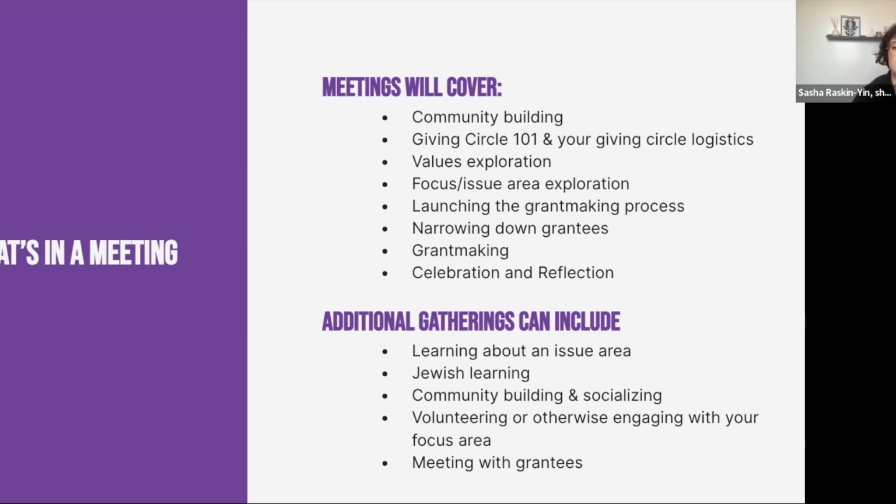We recommend building community time into every single meeting and never forgetting to celebrate and reflect at the end of your giving circle process. While these are the required components of a giving circle, you can also incorporate other experiences into your giving circle, such as learning about your issue area, organization, or grounding in Jewish wisdom, building community and having extra time to socialize, getting involved in your issue areas in other ways like volunteering, advocating, or phone banking, and meeting grantees either as you narrow down finalists or after the fact to build relationship and accountability.